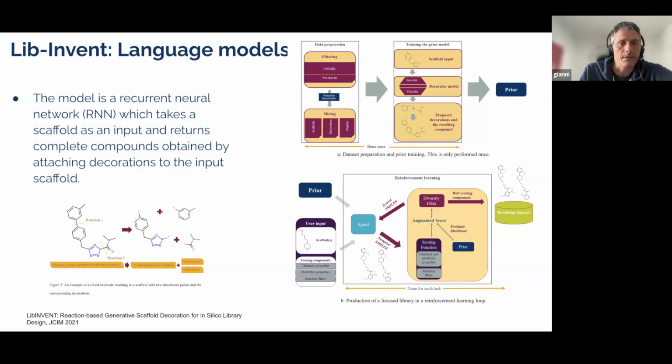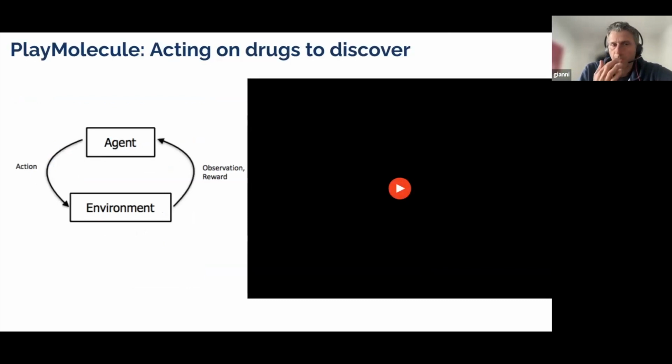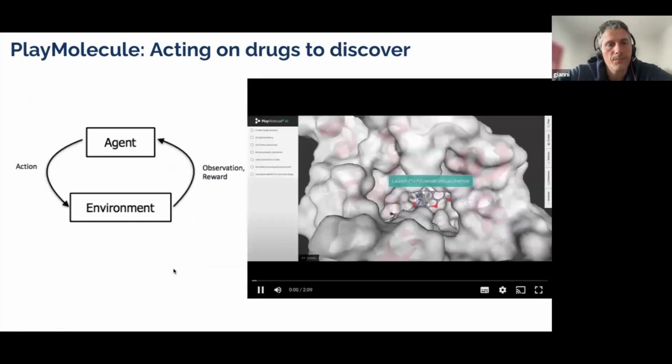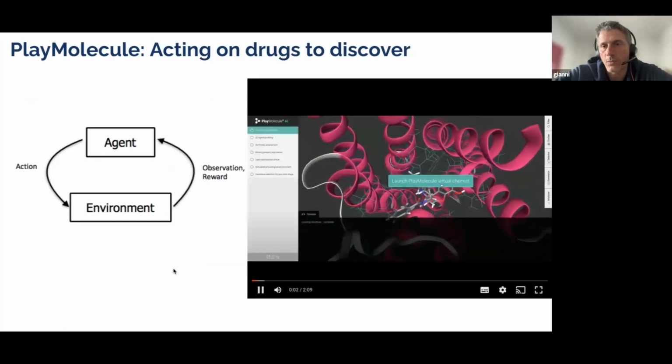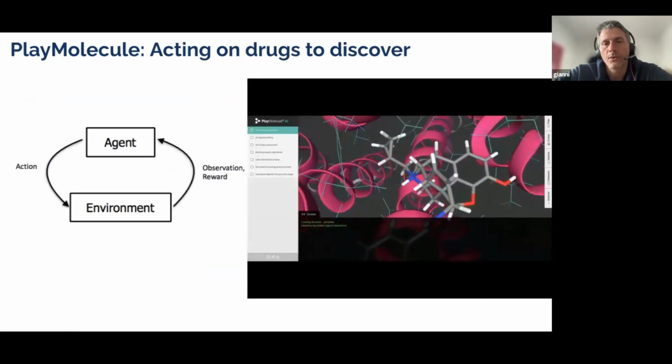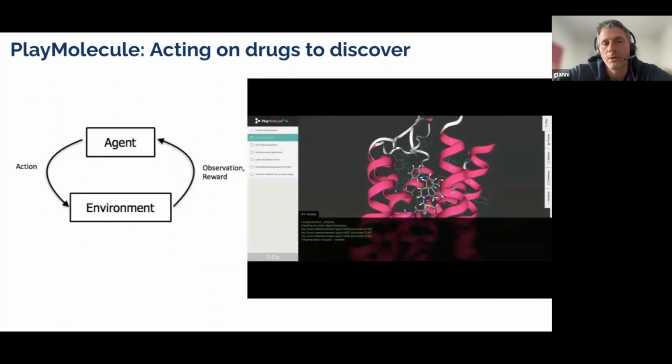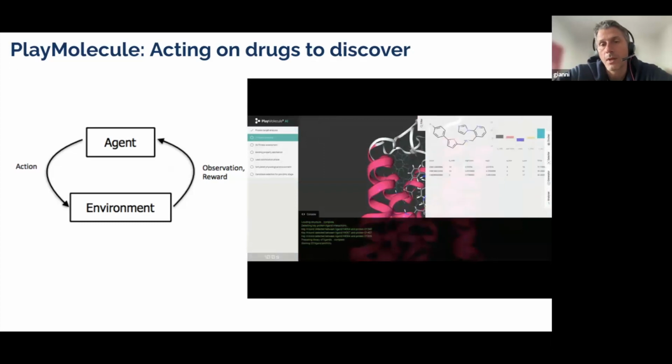However, this is really nice. So one of the things that we had started to work on in reinforcement learning is that we wanted to build some sort of virtual chemist, acting on drugs as an automaton.